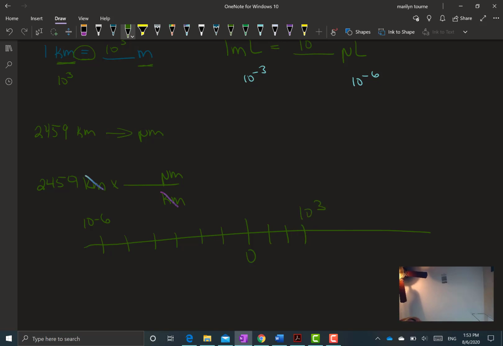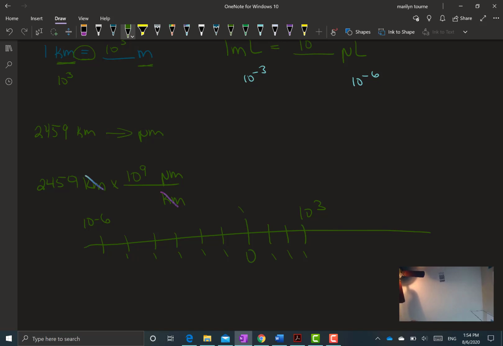So how many spots are between 10 to the negative 6 and 10 to the third? Hopefully you quickly notice that it was 1, 2, 3, 4, 5, 6, 7, 8, 9. So the relationship between a micrometer and a kilometer is 10 to the 9 spots, or a billion.